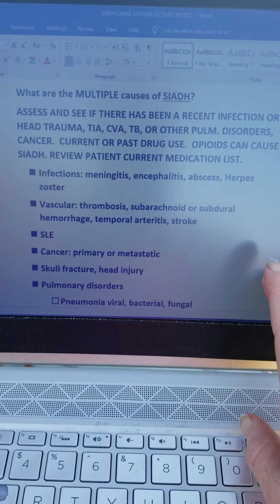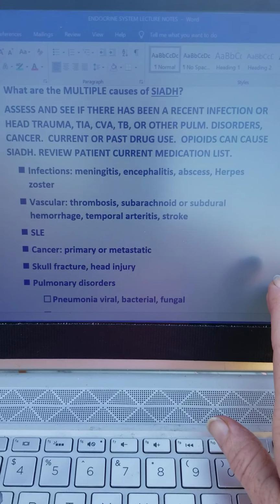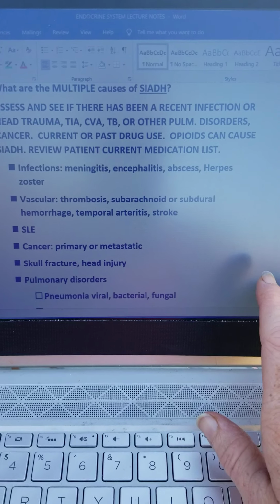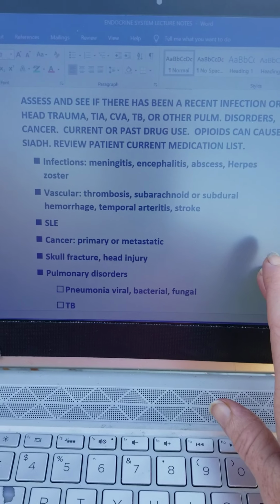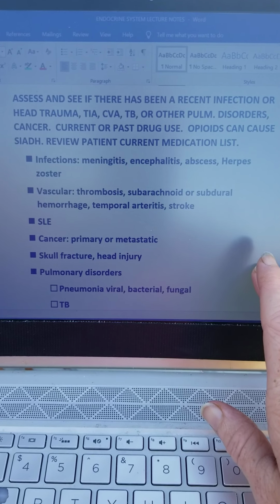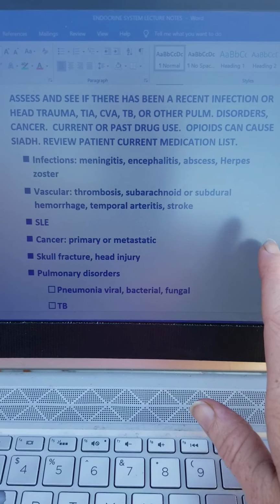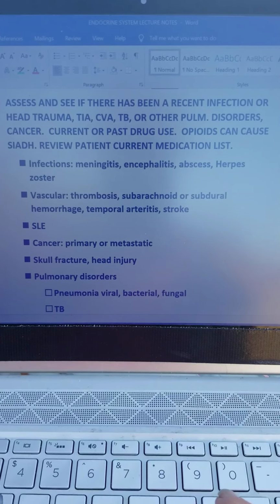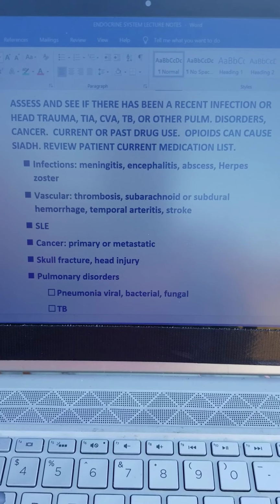What are the multiple causes of SIADH? Assess whether there has been a recent infection or head trauma, TIA, CVA, TB or other pulmonary disorders. Cancer could cause it.